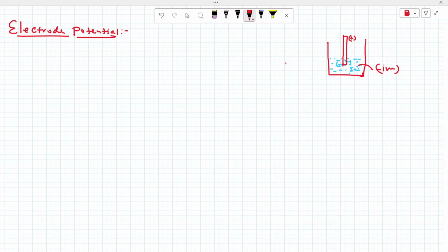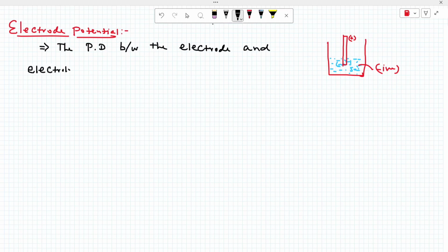That is called electrode potential. Note the point, very important: the potential difference between the electrode and electrolytic solution.